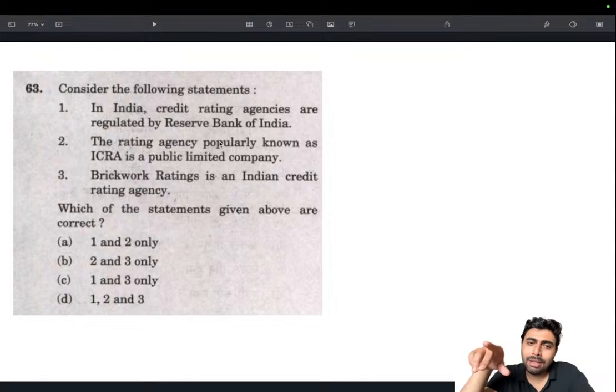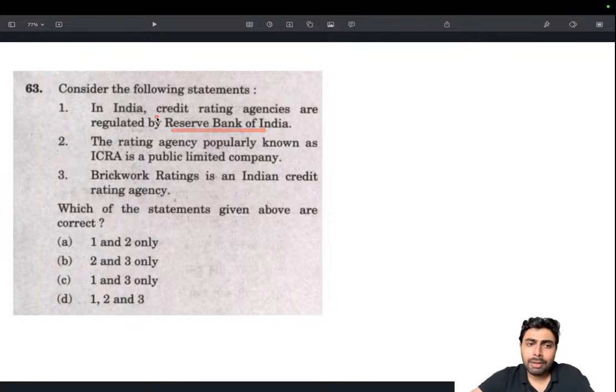If SEBI is given and you think RBI could make sense in that scenario, then RBI could be the answer. Don't take this as hardcore logic, but have an idea that this is a possible scenario, because UPSC has repeated this theme where it gives RBI in place of SEBI and vice versa. But the most common pattern is RBI given instead of SEBI, not the other way around. That's not very common, but this is very common.